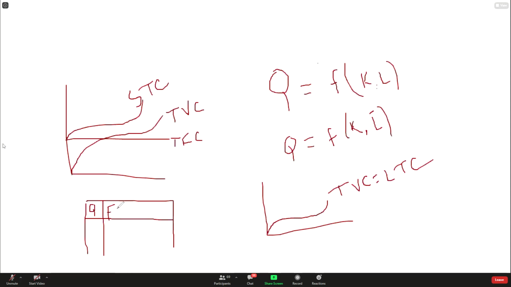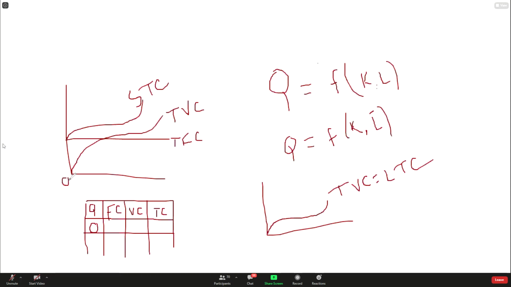Fixed cost means total fixed cost, then variable cost, then total cost. So easily you can find that as there is a fixed cost. So here I am discussing about short run total cost, isn't it? So this is origin 0. That means there is no level of production now.